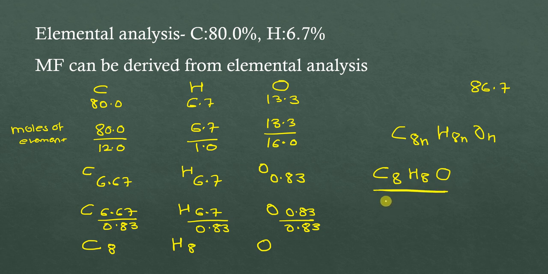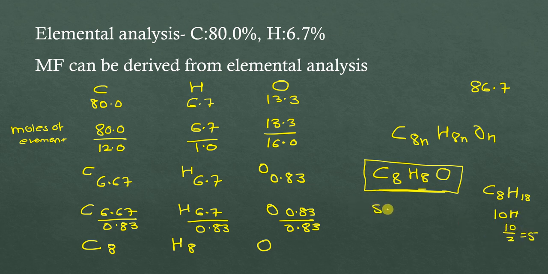So we'll calculate the sites of unsaturation for this molecular formula. We have 8 carbons, so a completely saturated structure must contain 8 times 2, 16, plus 2, 18 hydrogens, right? So there is a deficiency of 10 hydrogens, 18 minus 8. 10 divided by 2 is equal to 5.